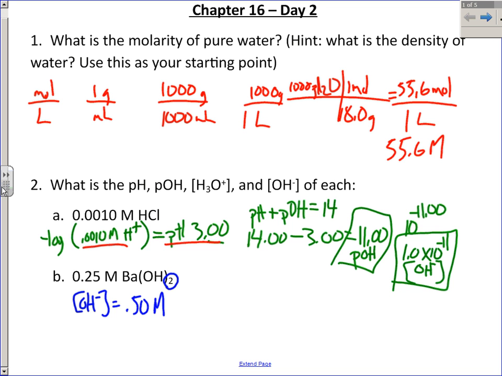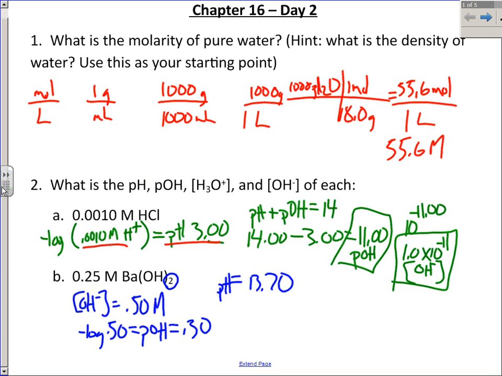Now, if we take the negative log of that, we would have the pOH, which in this particular case is going to equal 0.30. Remember, 2 sig figs, 2 decimal places is a p-value. So now we have OH- and pOH. Well, if I know my pOH is 0.30, 14 minus that would give me a pH of 13.70.